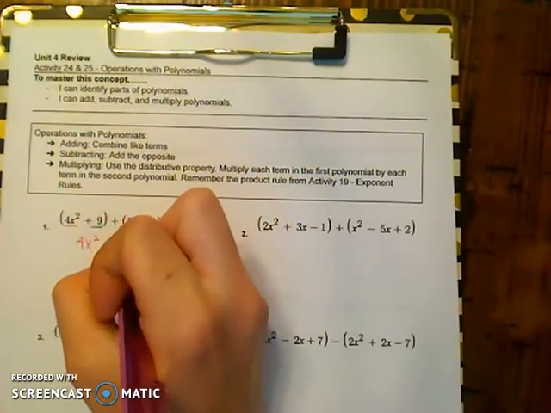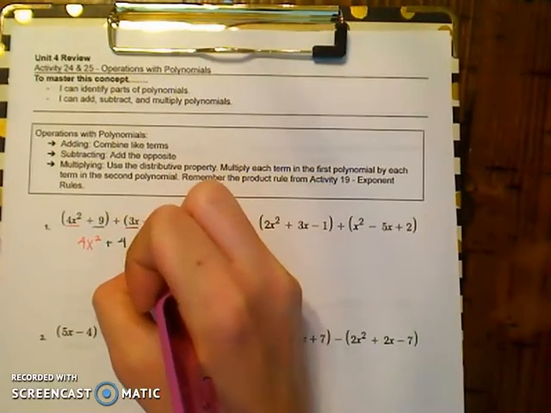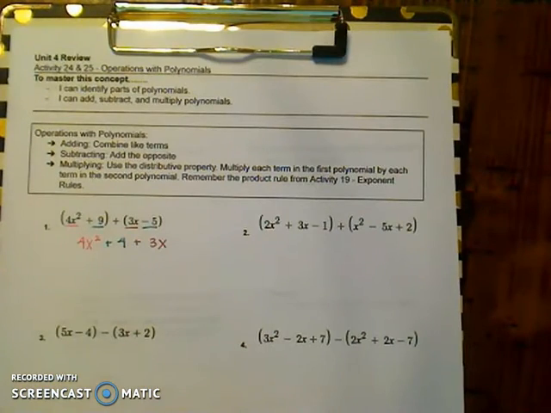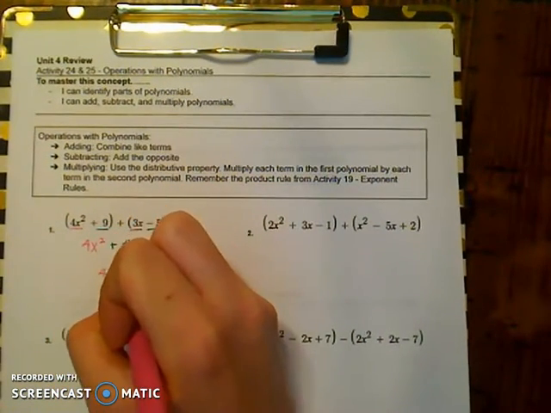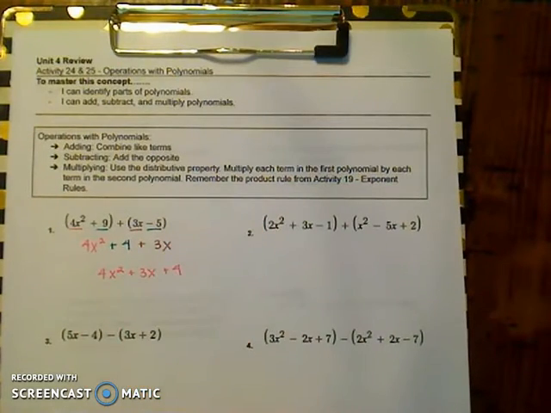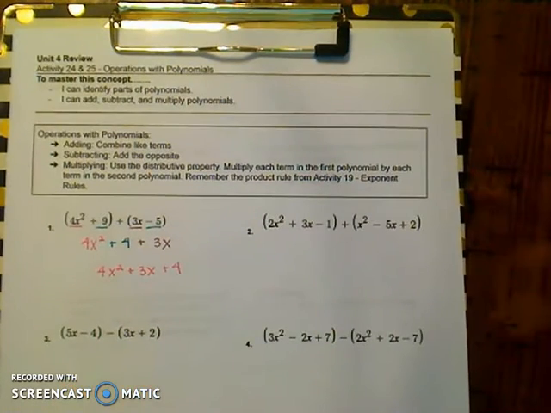And then, guys, I also have this positive 3x that doesn't have a partner, so I'm just going to bring it down. And the last thing that I always need to do is make sure that my polynomial is written in that standard form of descending order of exponents. Okay, so I have 4x squared plus 3x plus 4.